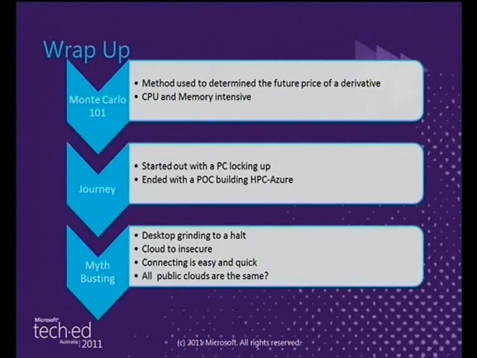Also, finally, that all public clouds are the same. As we've seen with the demos that Dave has done, these myths have well and truly been busted as part of this proof of concept. So, proof of concept is now completed. The vendors are still working through a few other issues around the scaling and these sorts of things. So, I'd pretty much like to wrap up the session there and open the floor for some questions.